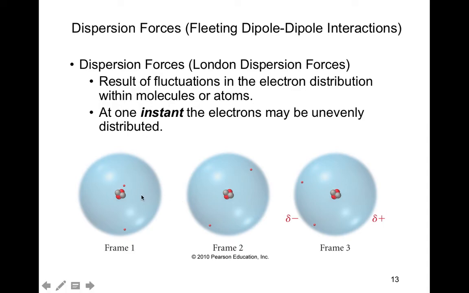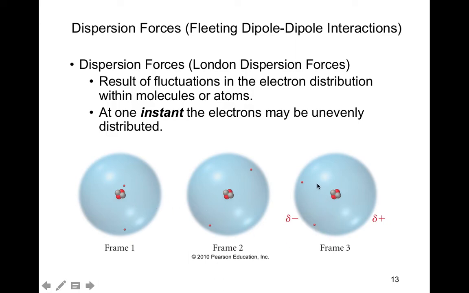Right? And as an example here, I've essentially got a helium atom to try and demonstrate what these dispersion forces are. So, right, I've got my nucleus, I've got the electrons, they're flying around here, and if they're sort of evenly distributed, then there's not going to be any partial charges in that atom.